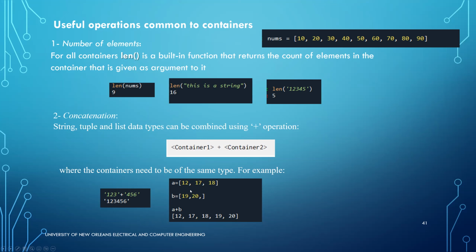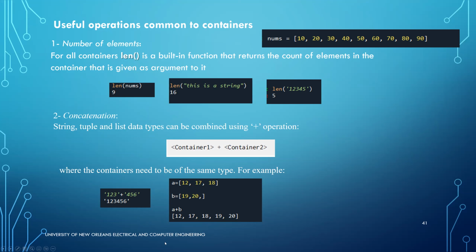If we use numbers, the same thing happens. In this first case, we have a list A that includes numbers 12, 17, and 18, and a list B that includes numbers 19 and 20. And so if we use this plus operation to join them together, if I say A plus B, it creates a new container that is a combination of the two.